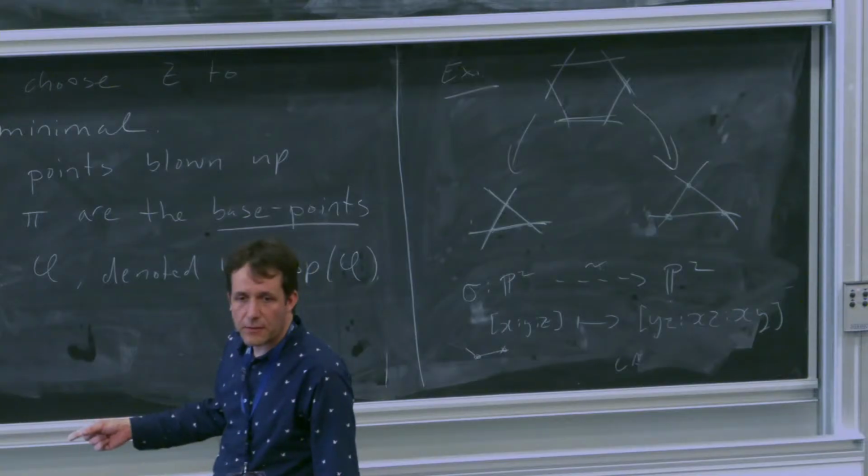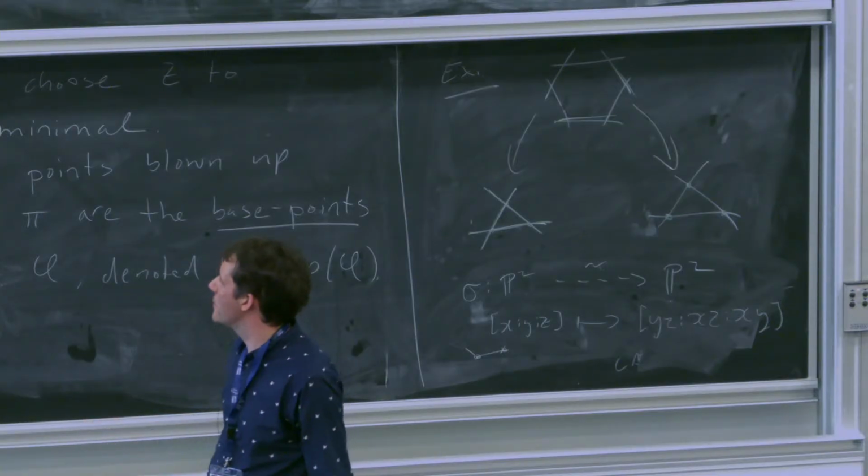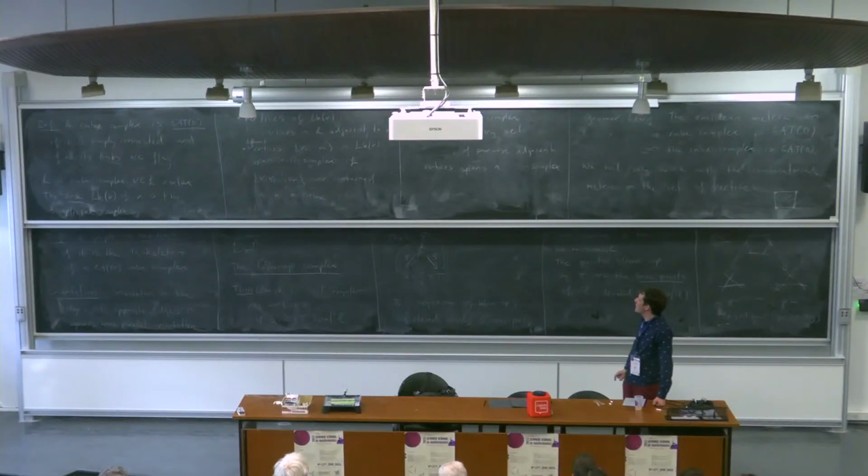If the field is perfect, no, I think if it's not perfect, we have to assume regular, because we want that when we blow up, it still has to be regular, I'm not sure.